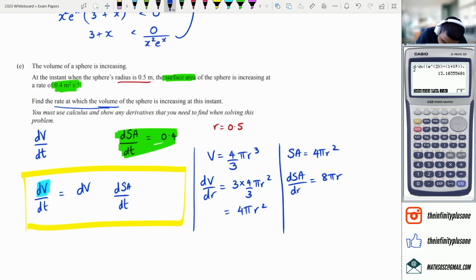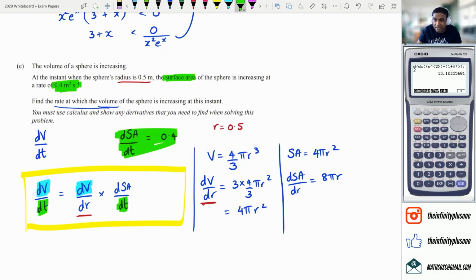And the only thing that I have is dV/dr, which is from here, that I can actually bring up. Now that's going to get multiplied, but now what I have is I've got dV, and in the denominator on the left-hand side, I need dt, which I have, which means I need to get rid of dSA and dr.